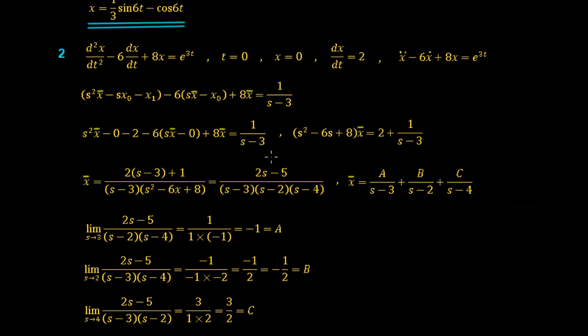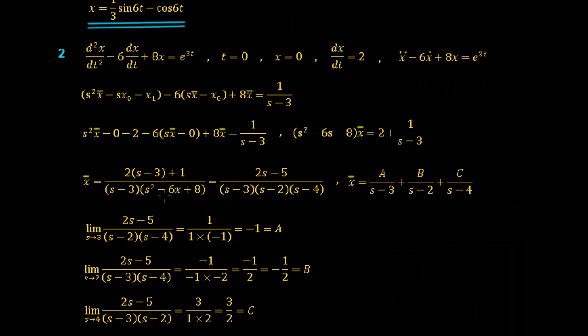So we gather like terms, and x bar gives us s squared minus 6s plus 8, x bar equals 2 plus 1 upon s minus 3. We can then take this term over to the other side with a common factor of s minus 3, giving us 2 times s minus 3 plus 1 all upon s minus 3 times s squared minus 6s plus 8.